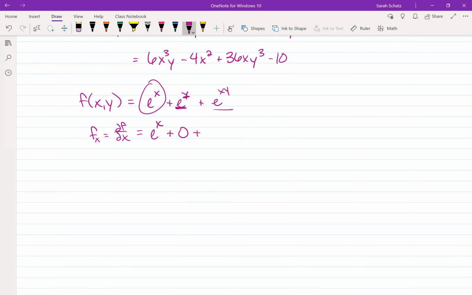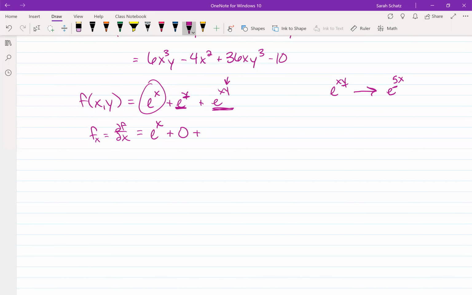Now, this one, let's talk about e to the xy. Holding y, acting like it's just another constant number, this e to the xy, you're going to work it the same way you would if you had, for example, e to the 5x. Notice x is our variable. If you had this 5 here, you'd say, oh, 5 is a coefficient on x. That is exactly what's happening with this y.